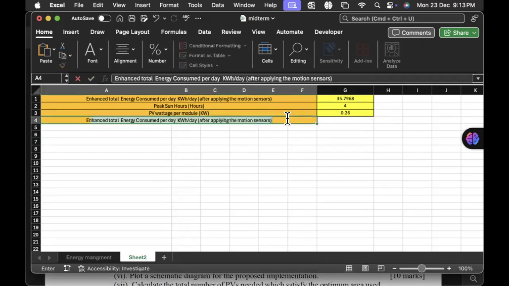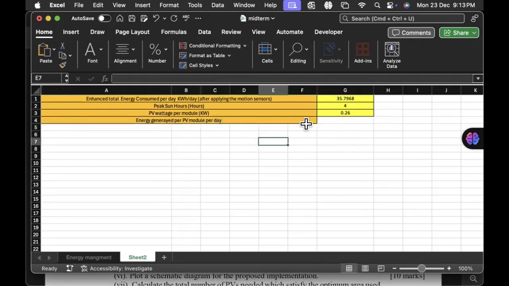So energy generated per PV module per day will be simply the multiplication of these two numbers: 4 hours times 0.26. This gives about 1.04 kilowatt hour per day. This represents the energy to be generated by a single PV module.